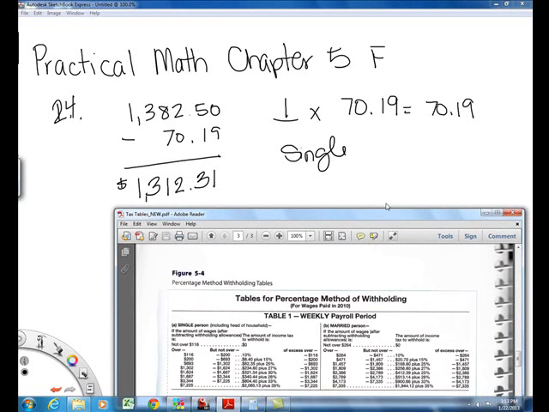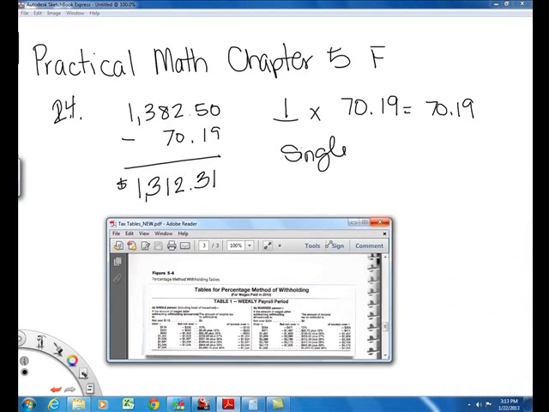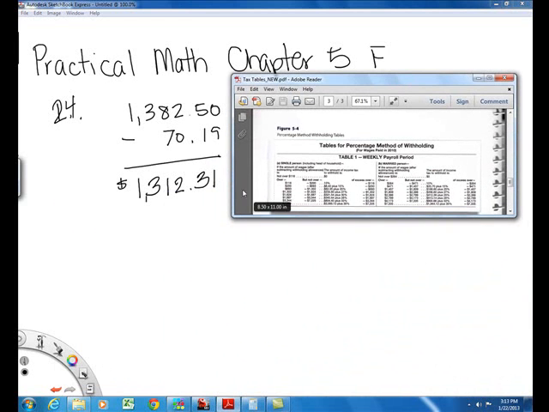I'm looking for $1,312.31. I was right, I can't see it.